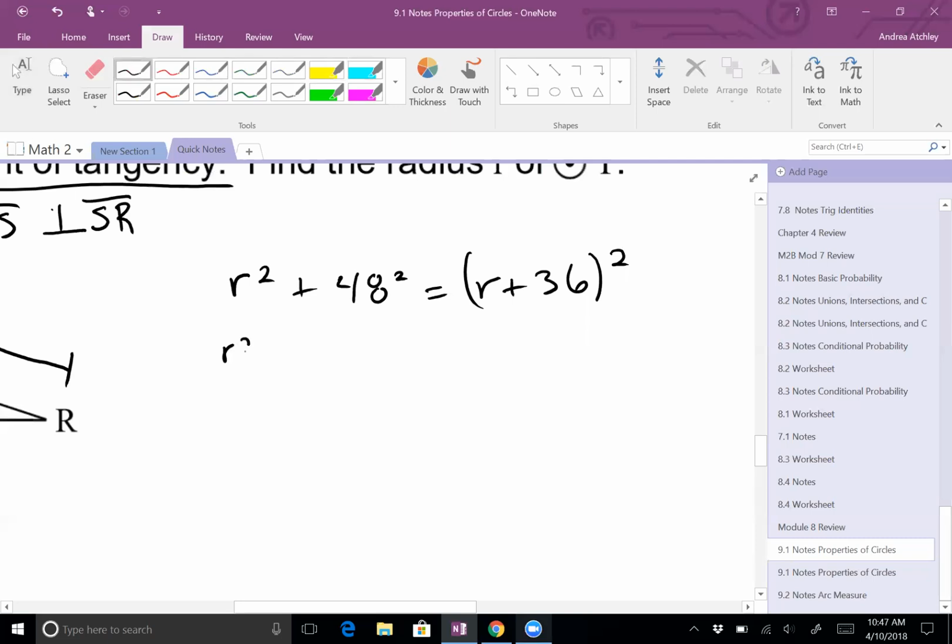R squared is just R squared. 48 squared is 2,304. And then in order to find R plus 36, what that is squared, you have to draw your box and do the multiplication. Find all the areas and add it all up.